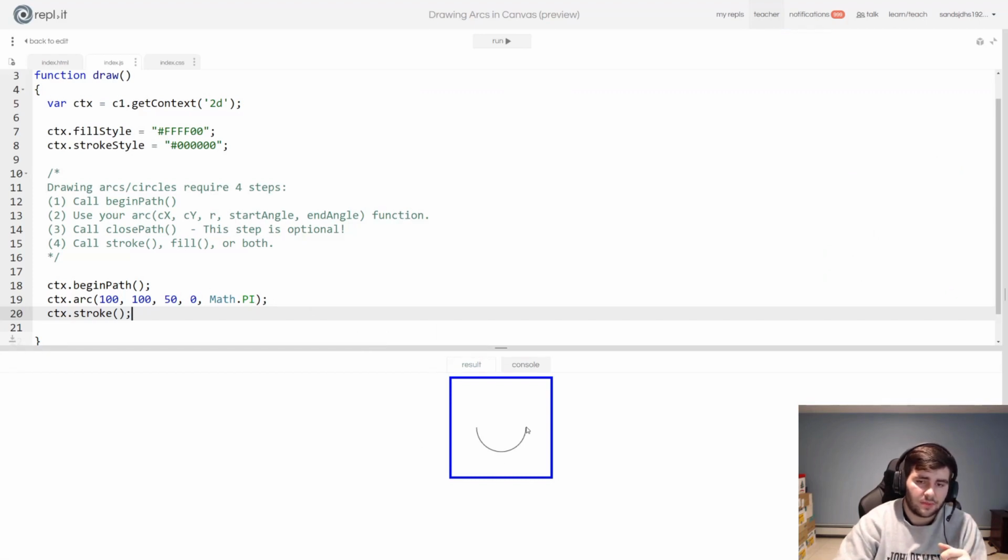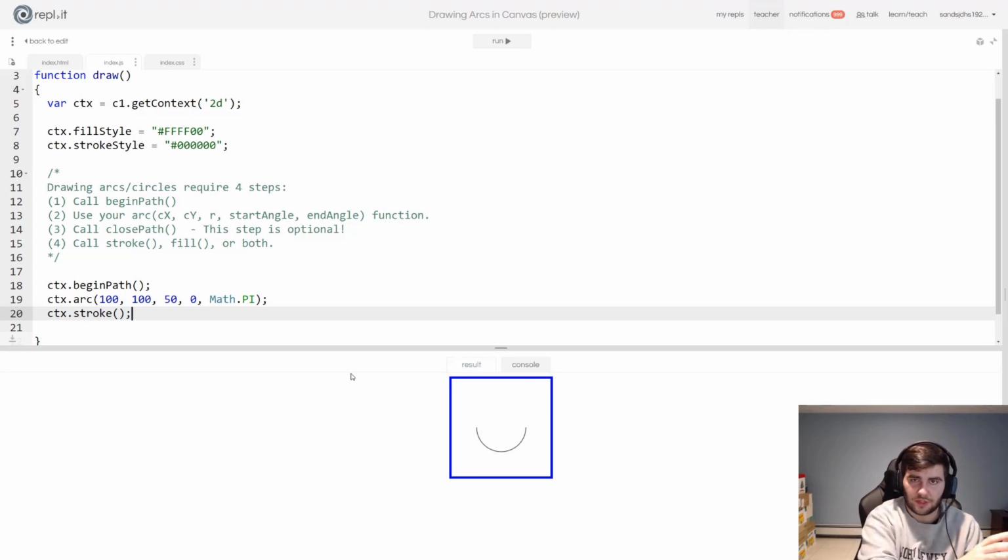Now, if you wanted to make a circle, well, if we go from 0 to 180 by saying 0 to math.pi, to make a circle, you just have to keep on going around that center point. And all that means is just increase your end angle value. In our case, since we went from 0 to 180 degrees, or pi, to get to 360 degrees, we just have to understand that 180 is half of 360.